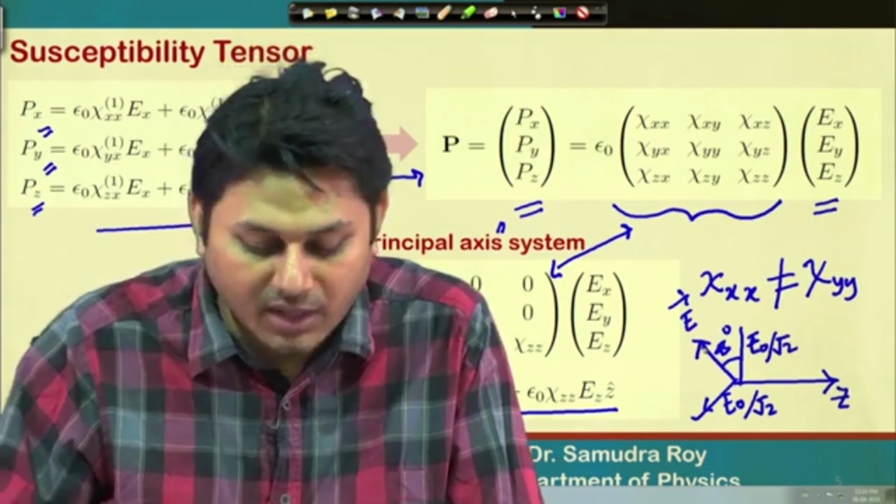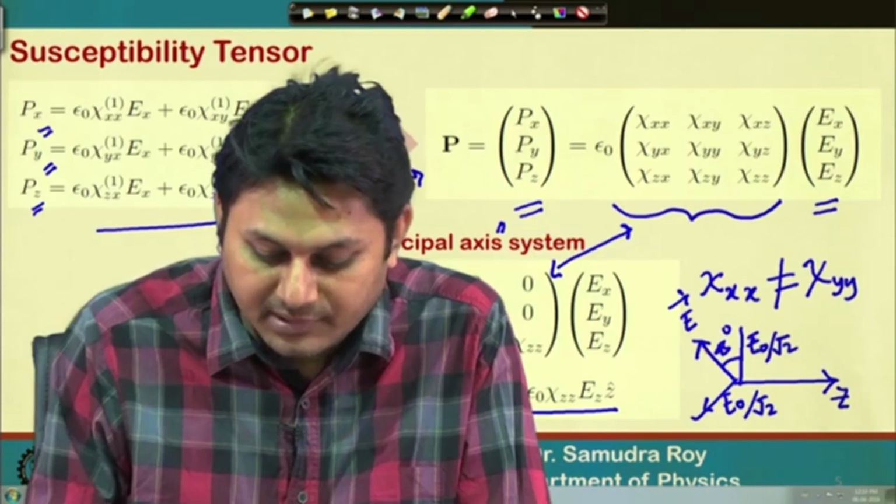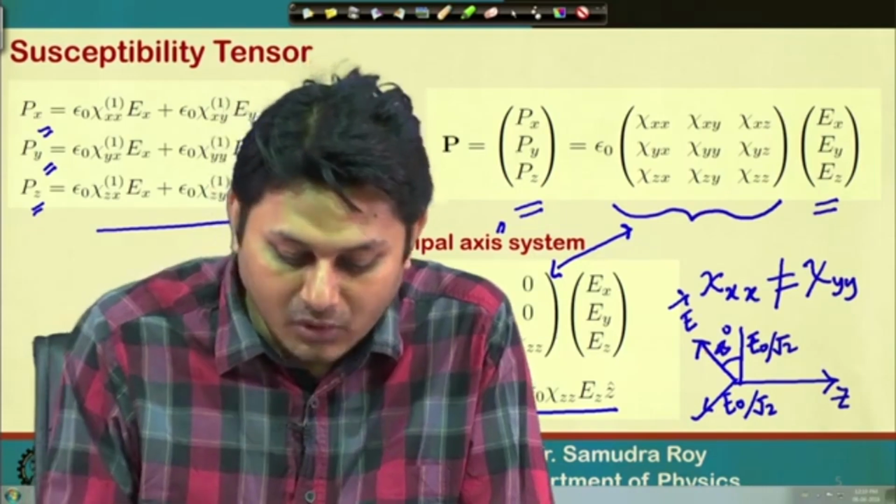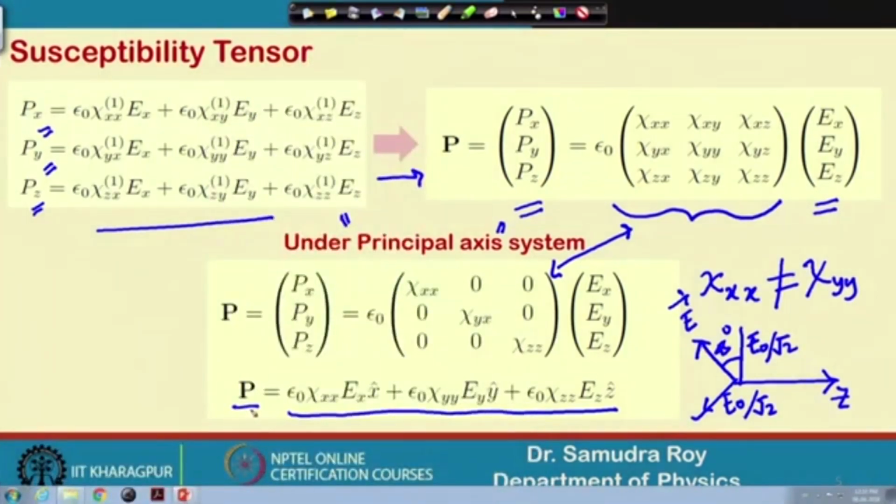So, my electric field is well defined, at around 45 degrees. If that is the case, what happens? If I put this into the equation, I can also figure out what my Px and Py are. And if I want to find the ratio, you will readily find that Px divided by Py comes out to be chi xx divided by chi yy.